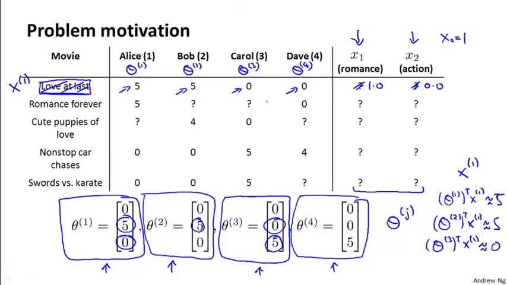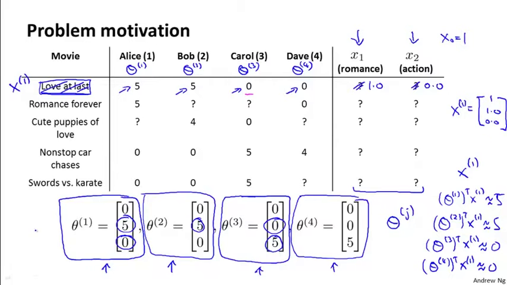So this would be Carol's rating, and theta 4 transpose x1 is approximately equal to 0. And from this it looks like x1 equals 1, that's the intercept term, and then 1.0, 0.0.